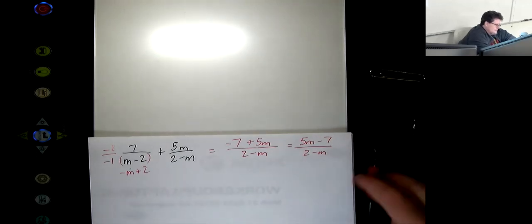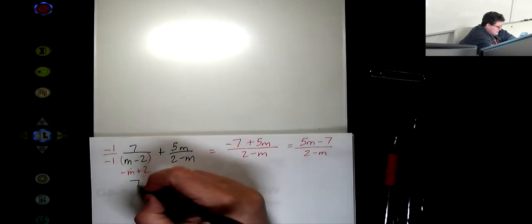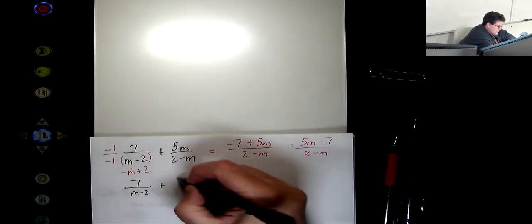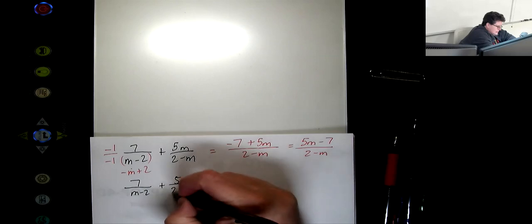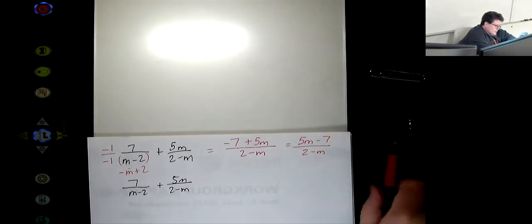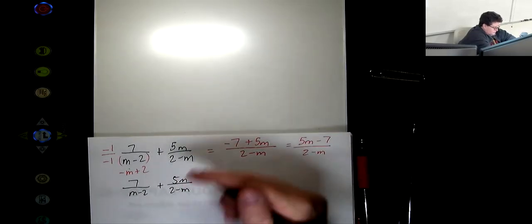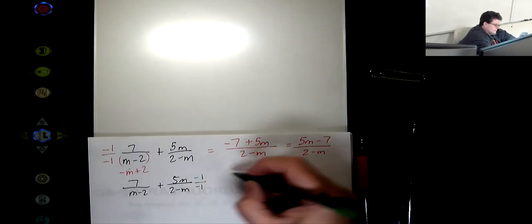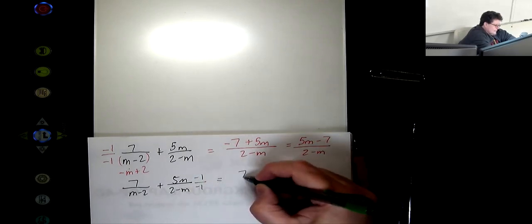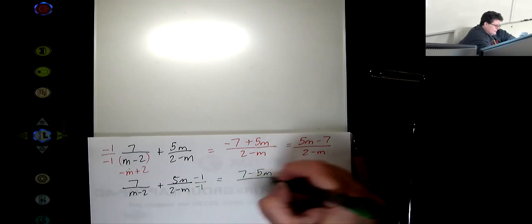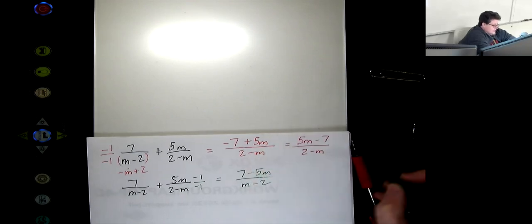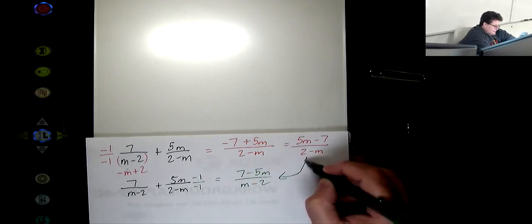If you had decided to deal with the other one and multiply this one by -1, we would end up with 7 minus 5m over m minus 2. And these two are equivalent.